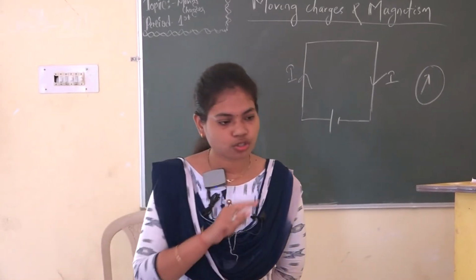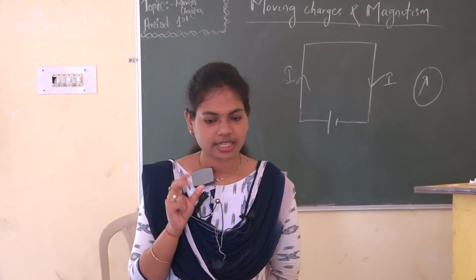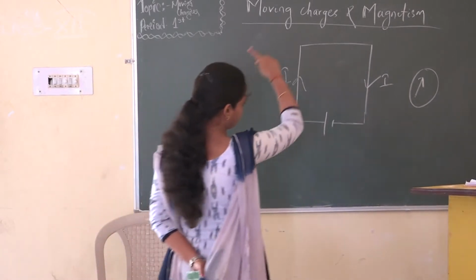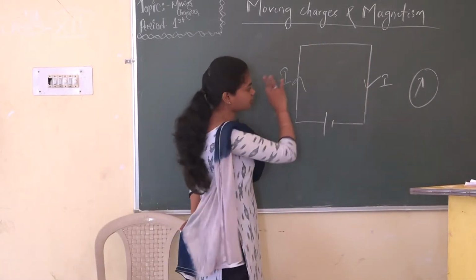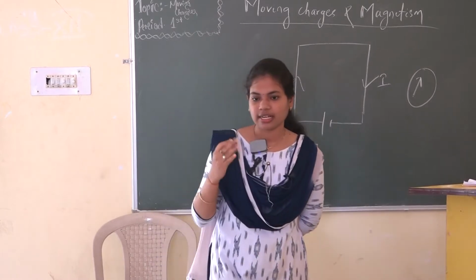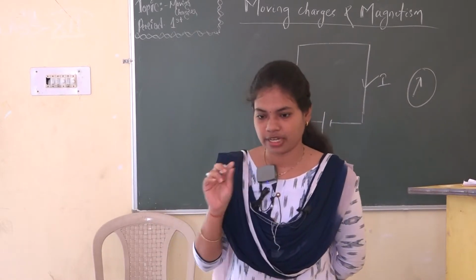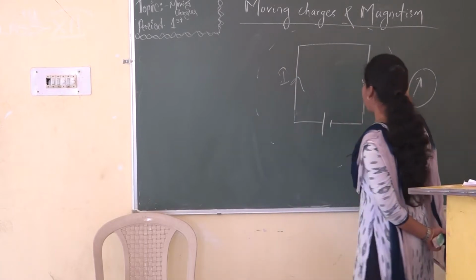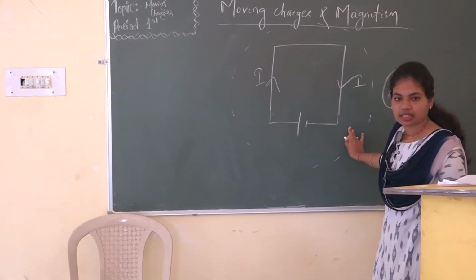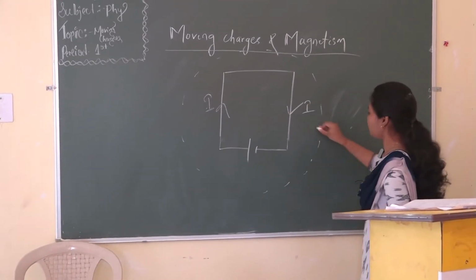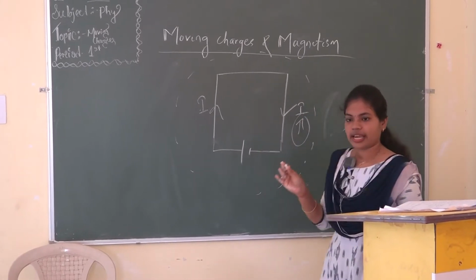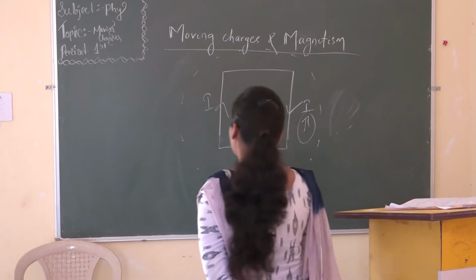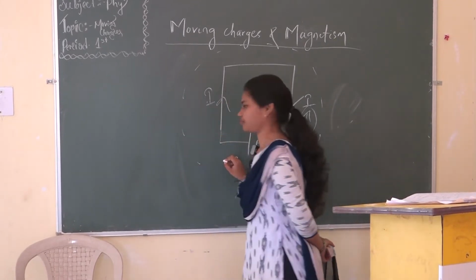When current flows through the wire, there is some magnetic field produced around the space. In that space, magnetic field is present. Inside that place, when we place a magnetic needle, it deflects. In which direction does it deflect?